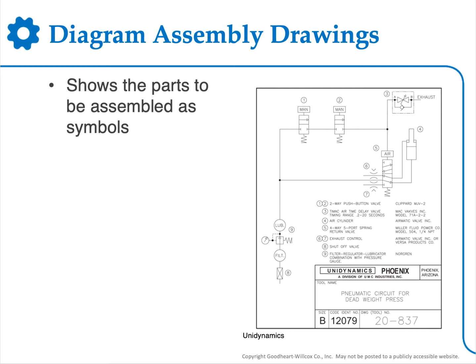You can have this as well with a wiring assembly, so electrical schematics. It's basically explaining to you, the end user, how to assemble parts, and so therefore symbols are shown, not usually any dimensions, lots of general notes, and these fall under the title of diagram assembly drawings.